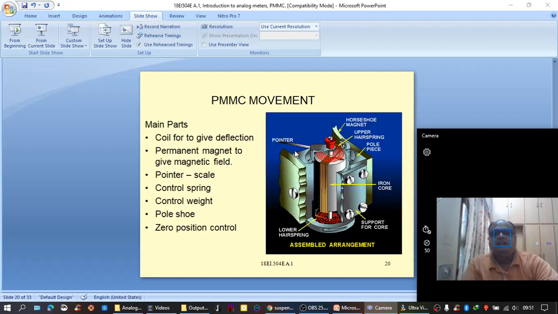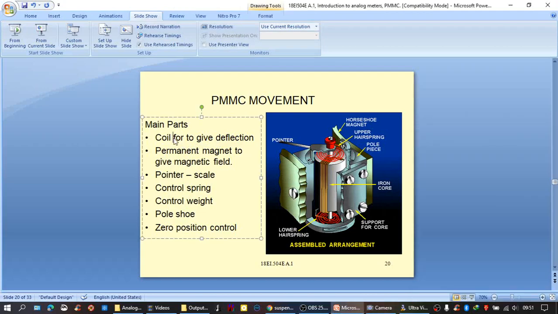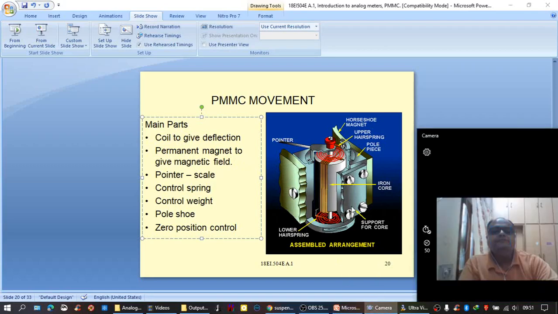Now, this is another view of the PMMC instrument. Same parts, but here they are more clearly visible, as you can see. Here is the coil to give deflection, and the permanent magnet to produce the magnetic field.